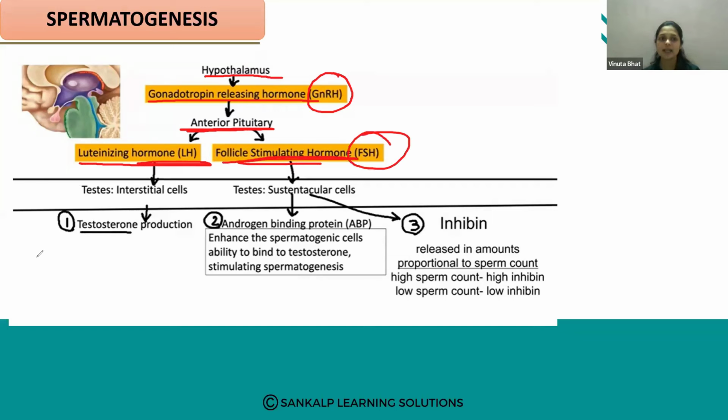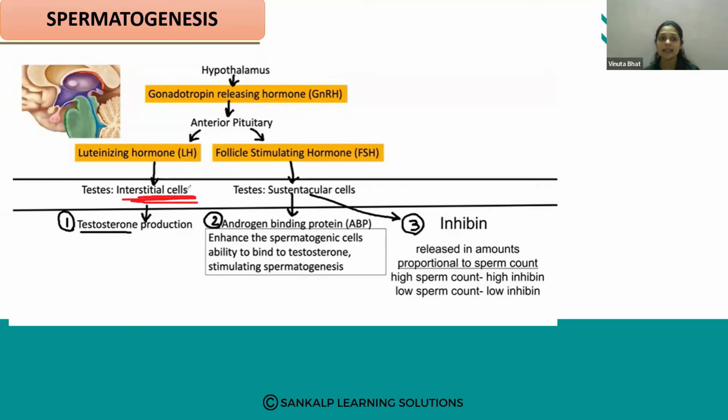Luteinizing hormone acts on the interstitial cells or the Leydig cells, which produce the testosterone hormone, and follicle stimulating hormone acts on the Sertoli cells.